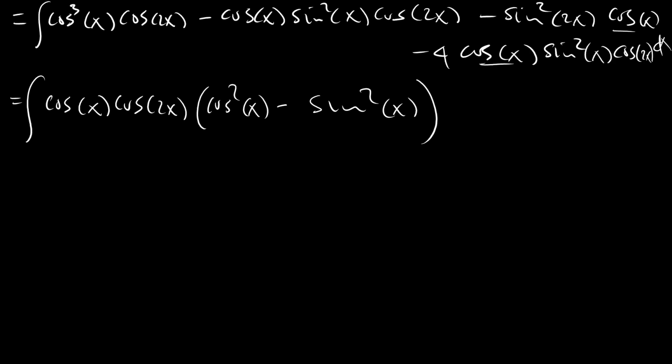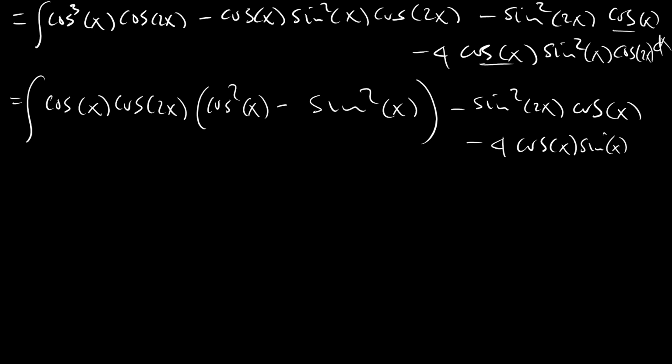But no, let's just keep things the way they are for now. Sine squared 2x cosine x minus 4 cosine x sine squared x cosine 2x. So this is the same as cosine 2x.